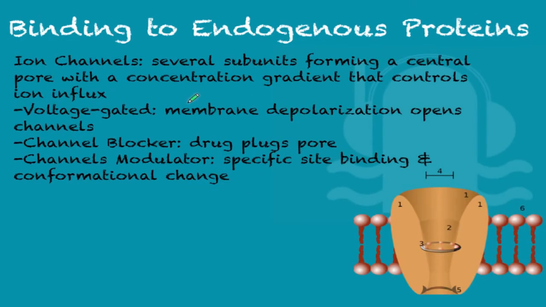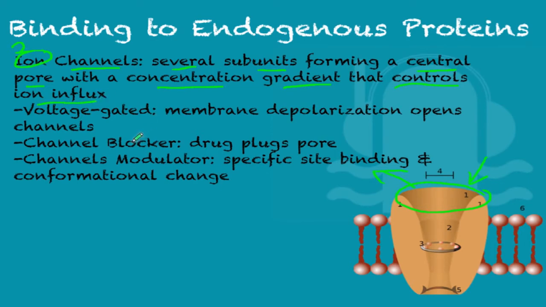So the next subtype that drugs use to bind to the proteins are ion channels. These are several subunits that bind together to form a central pore, as you can see here, with a concentration gradient going in and going out that controls the ion influx.